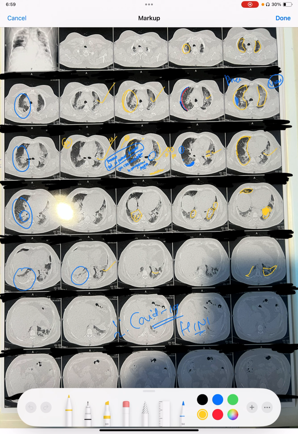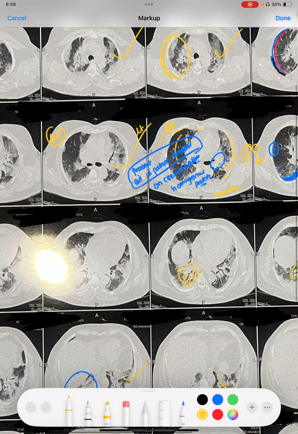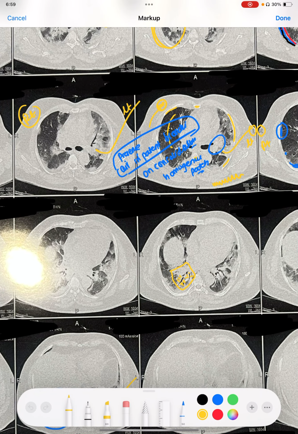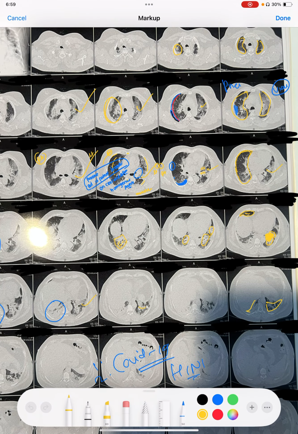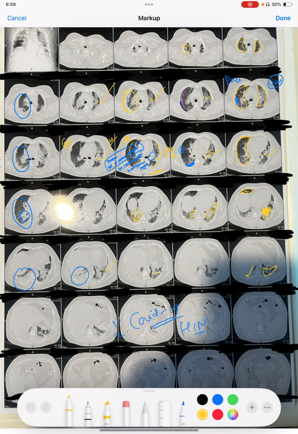And if the bacterial pneumonia is this much, then the patient will be in a very bad state. Whereas if the viral pneumonia is like this, then the patient may be comfortable even on O2. But if this much extent is with bacterial pneumonia, usually the patient will remain pretty uncomfortable.